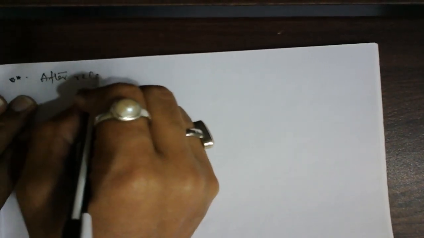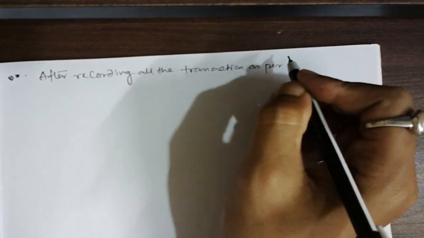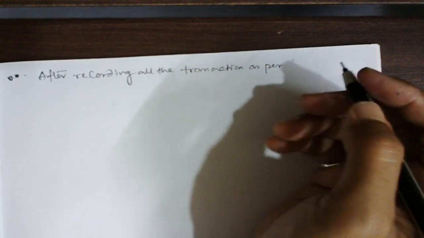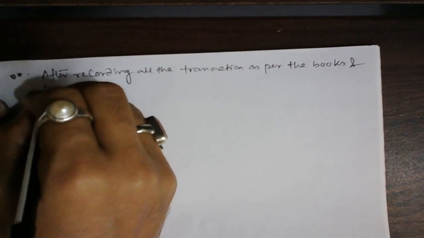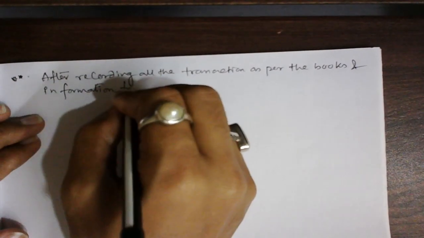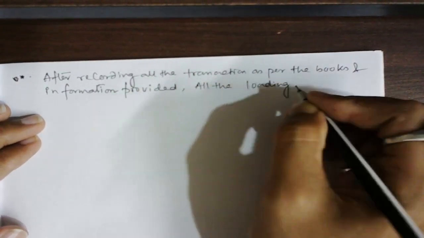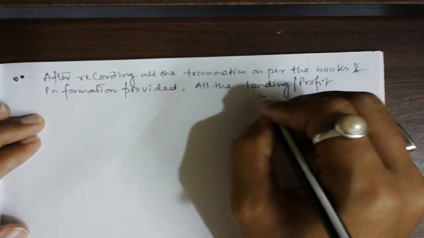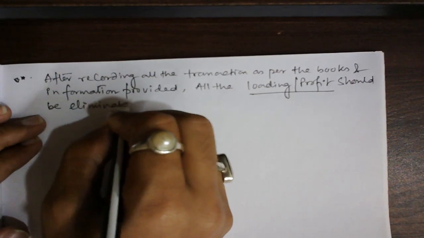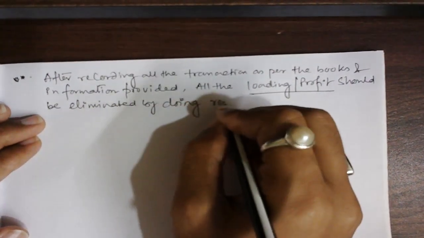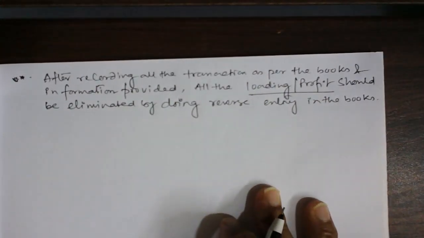After recording all the transactions as per the books and information provided, all the loading, or you can say your profit for better understanding, should be eliminated by doing a reverse entry in the books.